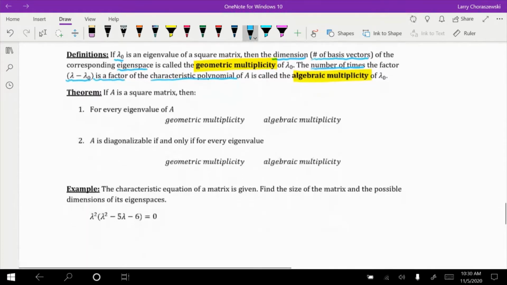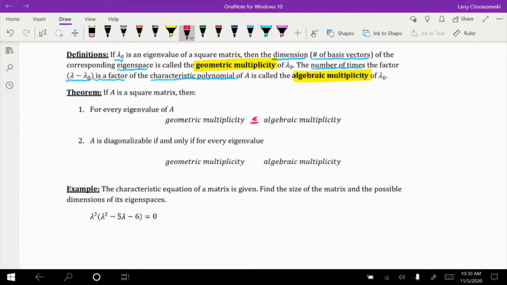And there's some connection between these two types of multiplicity. For each eigenvalue of the matrix A, the geometric multiplicity will always be less than or equal to the algebraic multiplicity. In the case where the geometric multiplicity is less than the algebraic multiplicity, the matrix A is not diagonalizable.